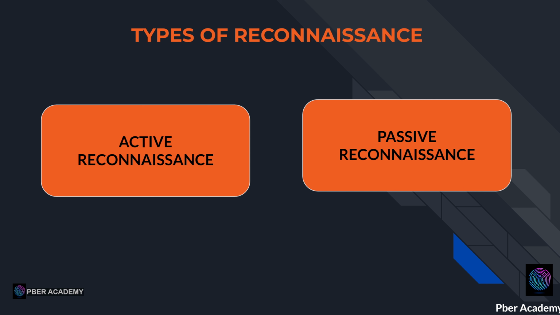Let's see the objectives of reconnaissance. The primary objective includes identifying the target information: gathering details about the target network architecture, systems, applications, and services so that we can map the attack surface. Understanding the potential entry points and vulnerabilities that could be exploited during the attack.